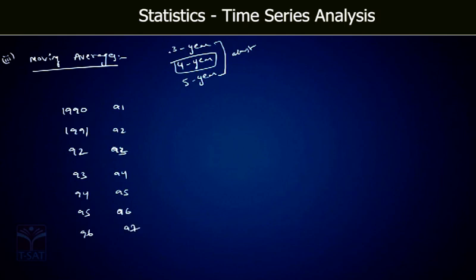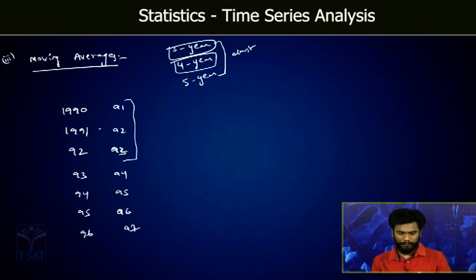First let us discuss the 3-year moving average. In the 3-year moving average, I take the average of the first 3 values and assign that average to the middle year. What is the middle year? 1991. I will assign that average to the year 1991. Let us consider that average is A1.